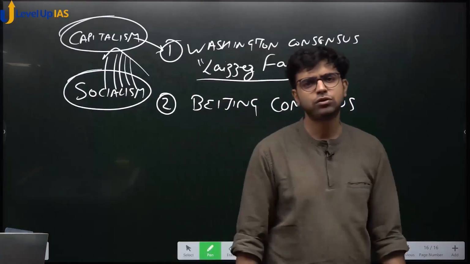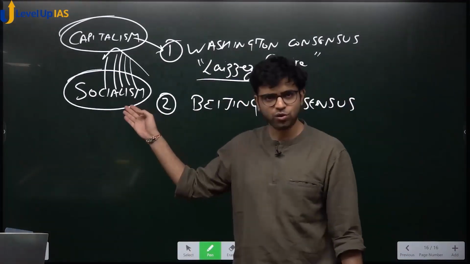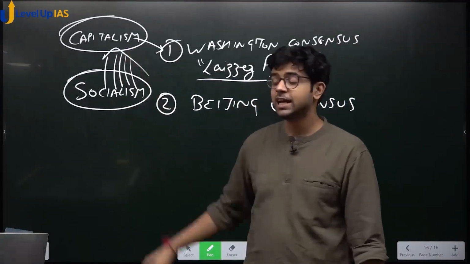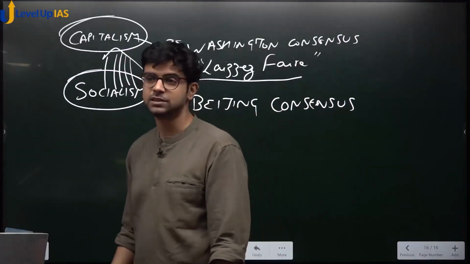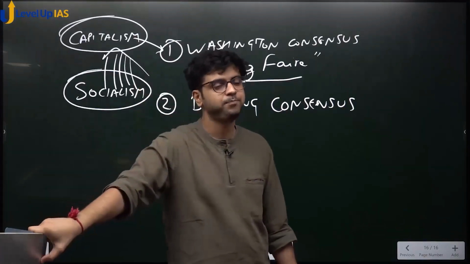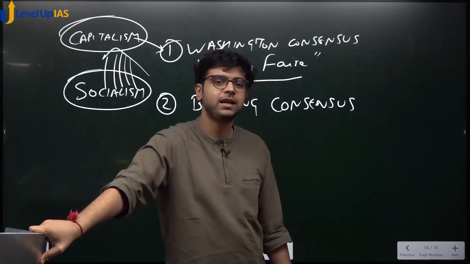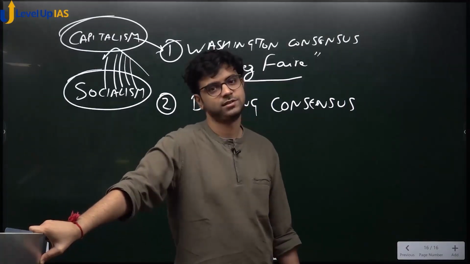Is it bad? Is it good? Both. It has shades of everything, because this is also not that good, this is also not that good. There is a book by Dr. Raghuram Rajan. I have had the good fortune of working with him for quite some time. It's a good book, Saving Capitalism from Capitalists.